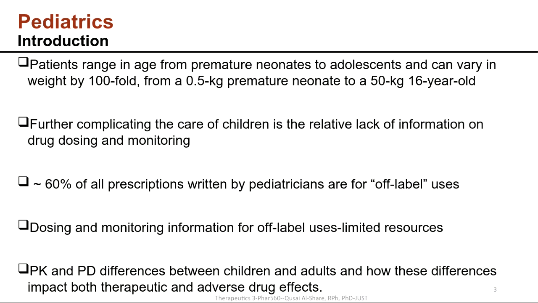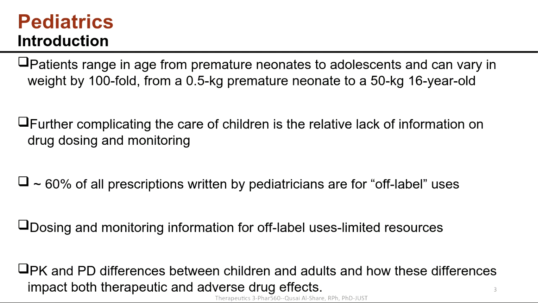And the introduction is we need to know that there is some variation in the body weight of children, of newborn infants, what you want to call it. Patients range in age from premature neonates, those who are preemies or born before full term, to adolescents, and can vary in body weight also.